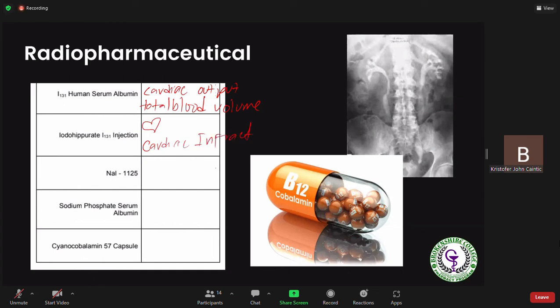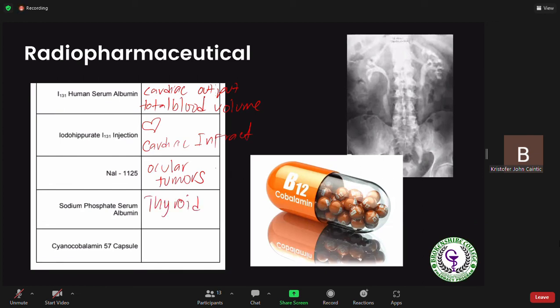Next is sodium iodide. This is to check your ocular tumors. Sodium phosphate serum albumin is to test if you have hyperthyroidism or hypothyroidism, so it is for thyroid scanning.